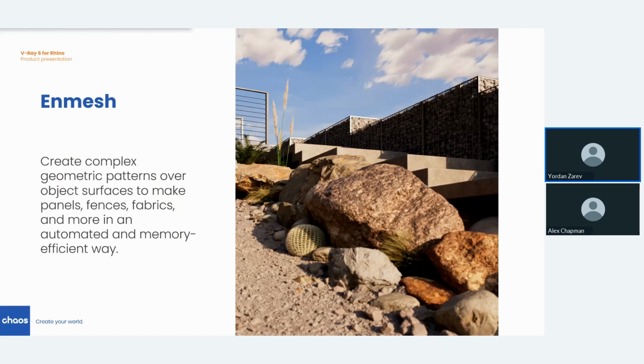Next, one of the features that I want to talk about is the V-Ray Enmesh, which is a very efficient way to create complex geometric patterns over your surfaces. That way you can easily create panels, fences, fabrics, and more in an automated and very memory efficient way.